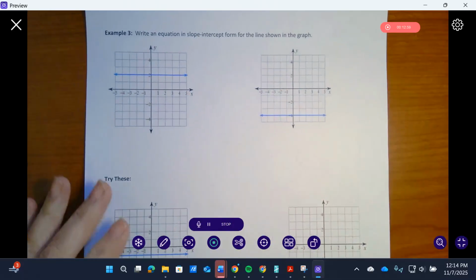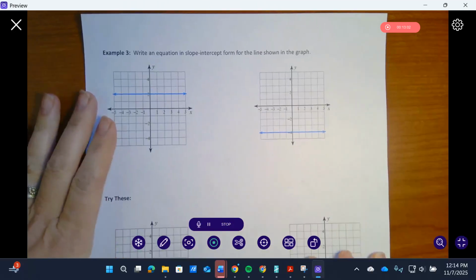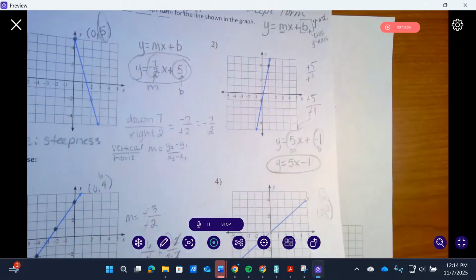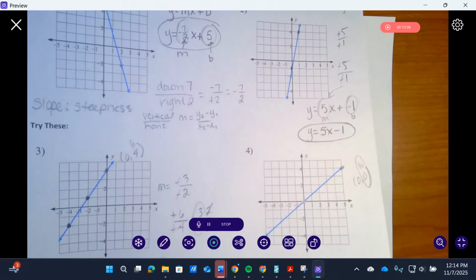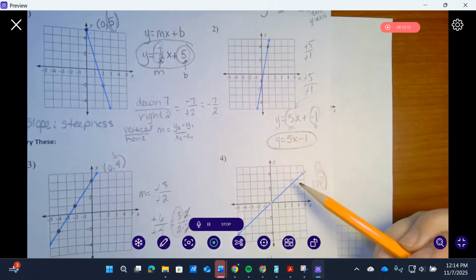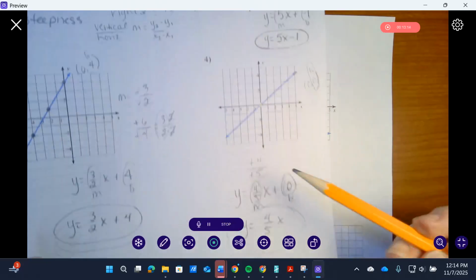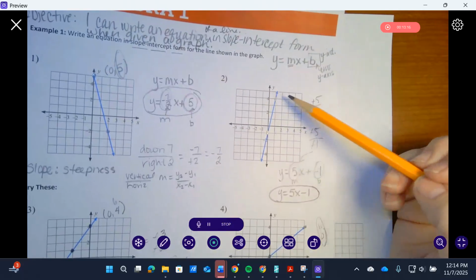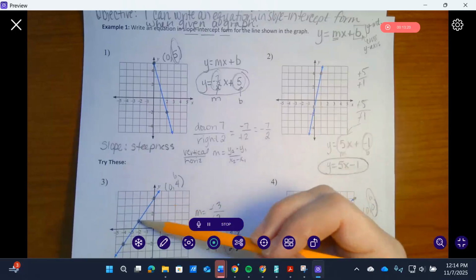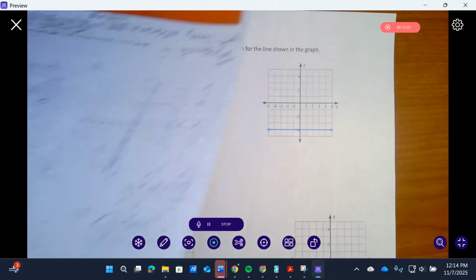Okay, some other types of lines that you will see. So here we have lines that have some countable rise and run that are different, right? The rise to the run, these are different numbers. Here we had 4 to 5, here we had 5 to 1, here we had 7 to 2, okay, here we had 3 to 2.